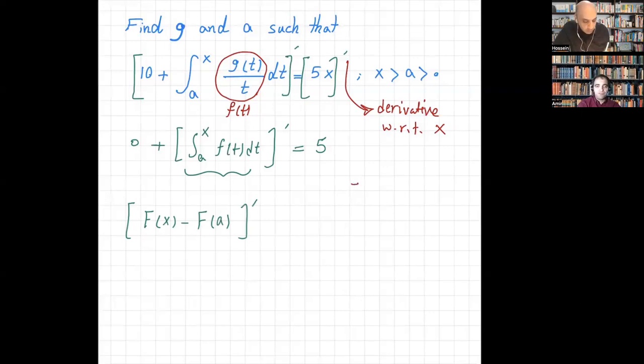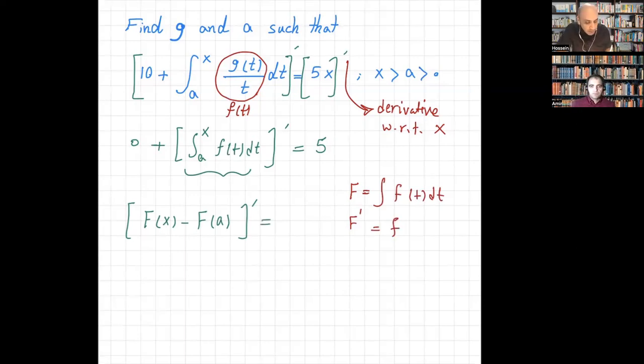In other words, capital F prime is equal to lowercase f.